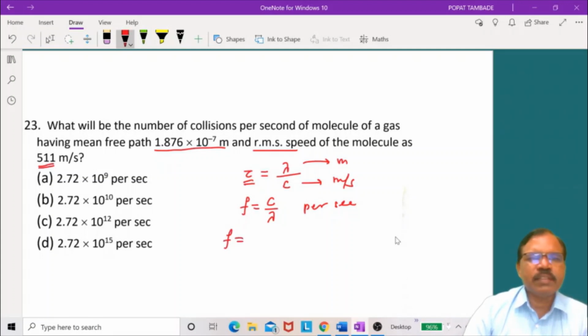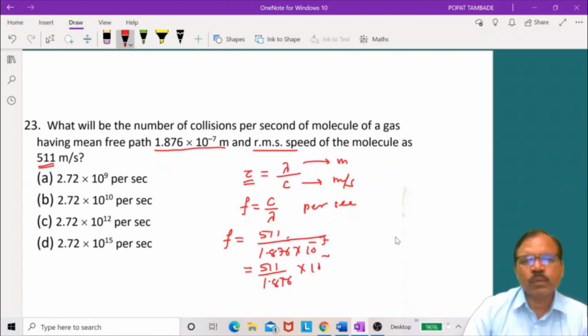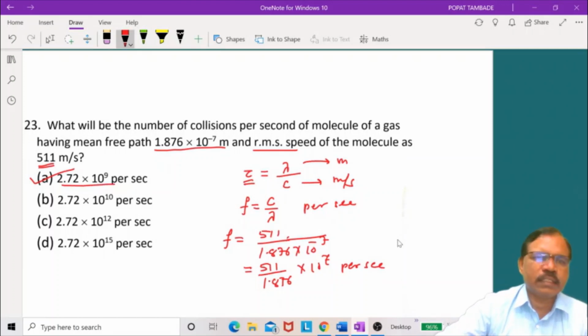So we get F is equal to 511 upon 1.876 into 10 raised to minus 7 per second. Now if we calculate this, we will get this first one, 2.72 into 10 raised to 9 per second.